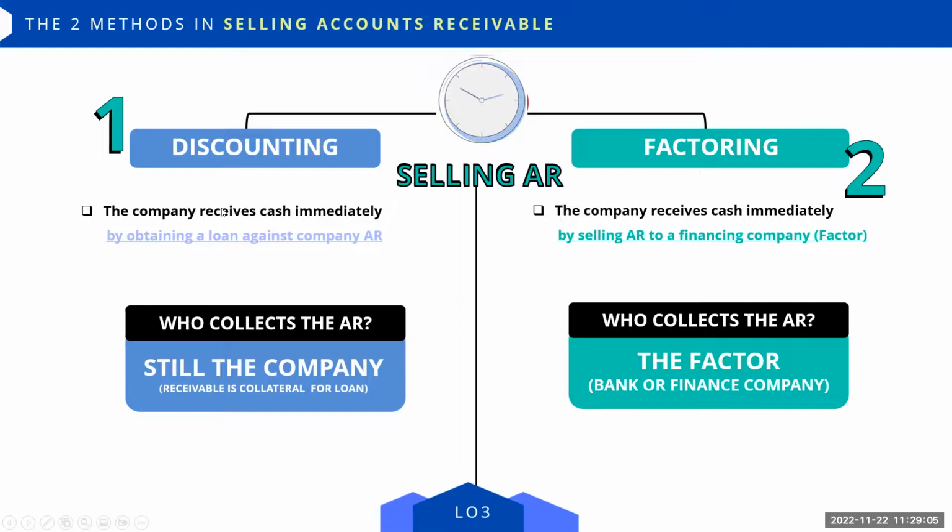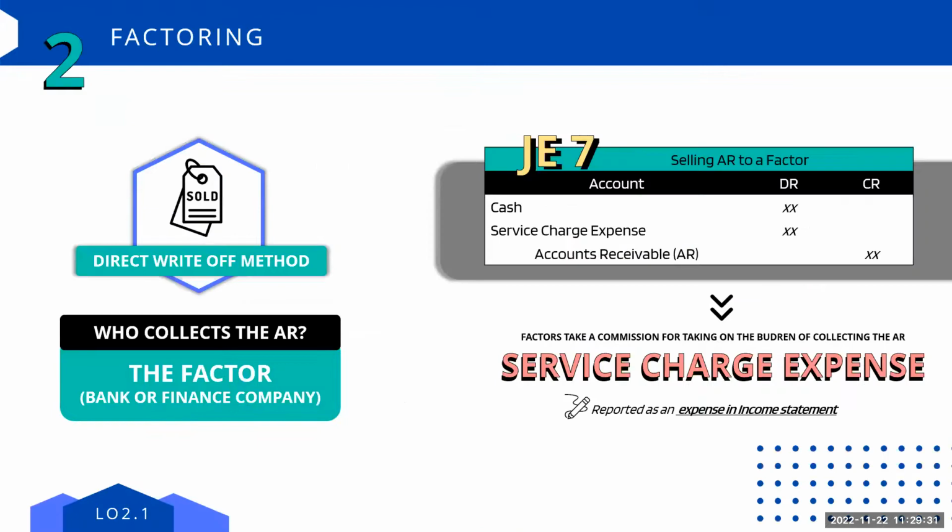So in discounting, the company receives cash immediately, pero by obtaining a loan against company AR. So yung AR natin collateral. And then sa factoring, we sell the AR to a factor or to a bank or a finance company. So the difference lang here is who collects the AR? Pag discounting, it's still us, the company. Pero pag factoring, it's the bank or the finance company.